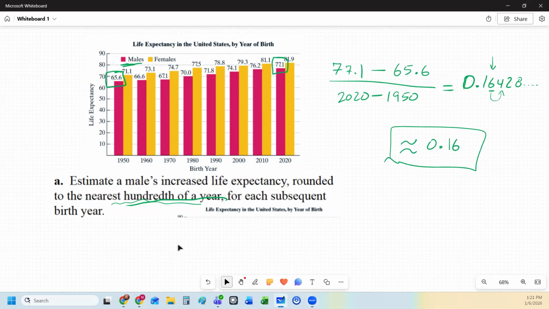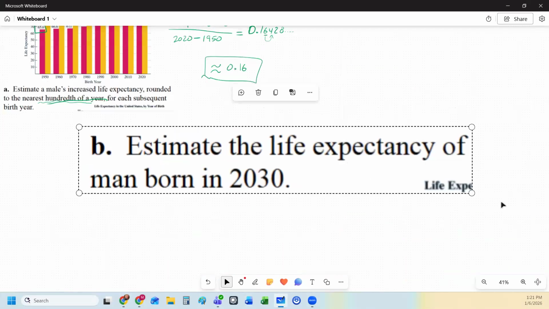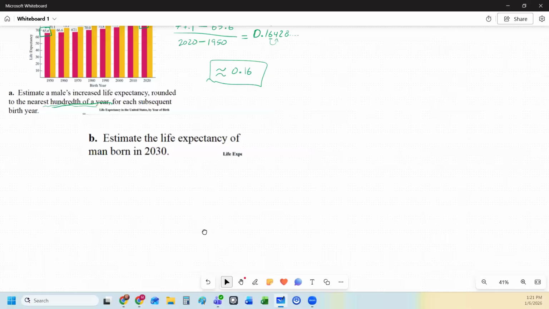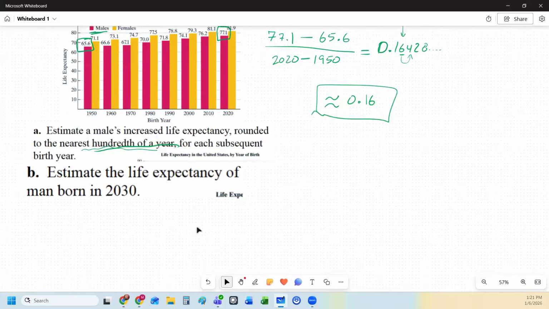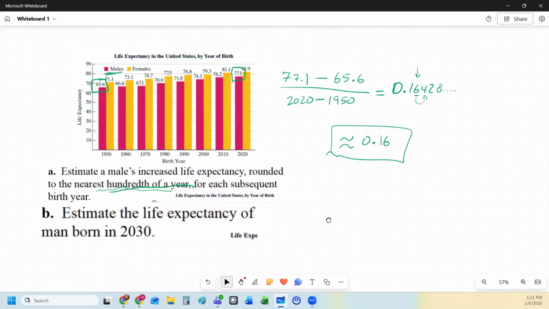And if I'm asked to estimate the life expectancy of a man born in 2030, I can say that I'm probably going to start here at this 65.6.